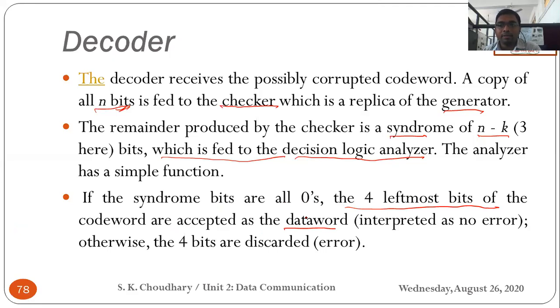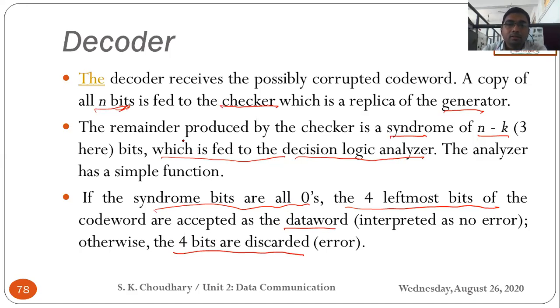That 4-bit data would be considered as the finally received message, the actual message. But if all syndrome bits are not 0, in that case it is taken that some error has been added, and this 4-bit message will be discarded. Repeat the process until you get all syndrome bits 0.